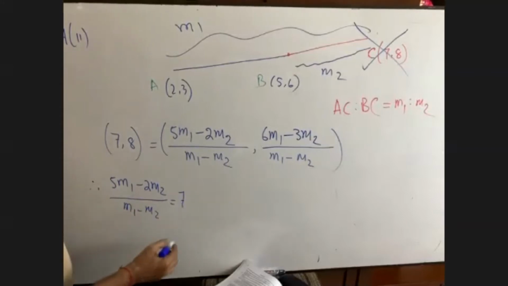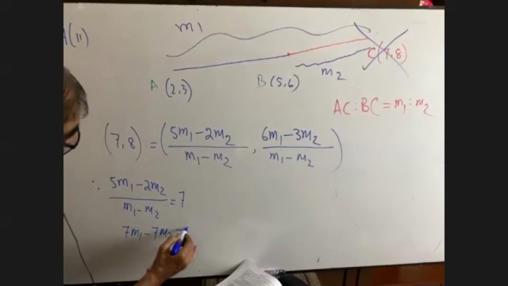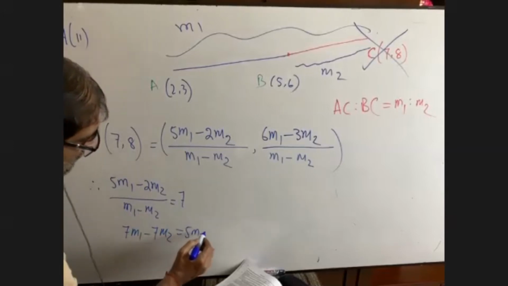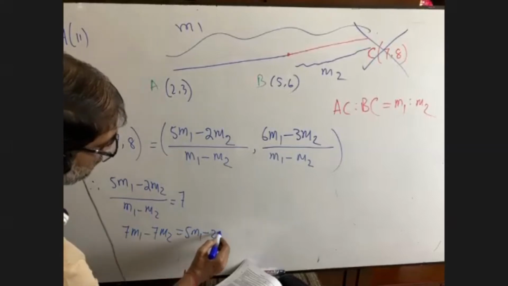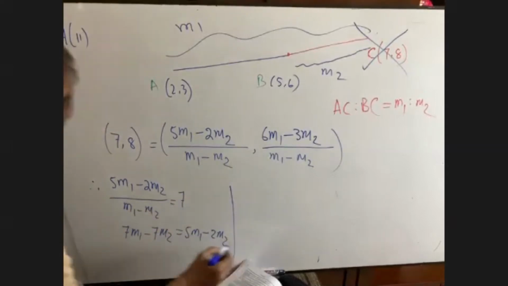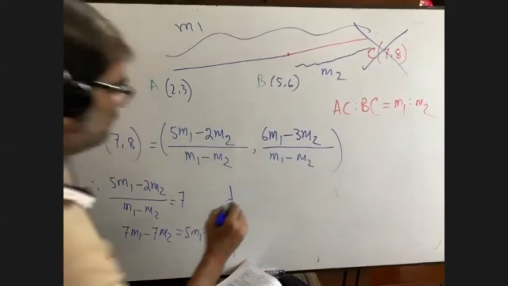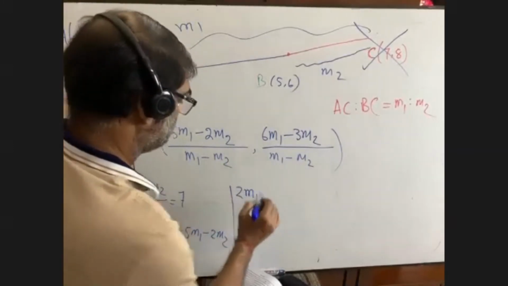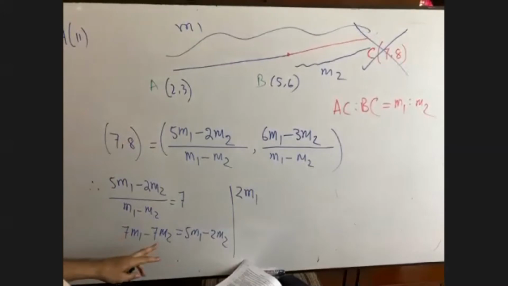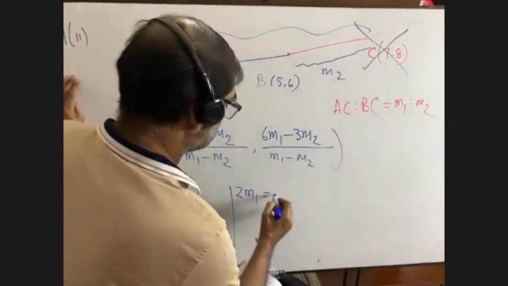Can any of you calculate it? What is the result here? We are getting 7 M1 minus 7 M2 is equal to 5 M1 minus 2 M2. If we calculate 7 minus 5, that is 2 M1, and we get 7 here equals to 5 M2.